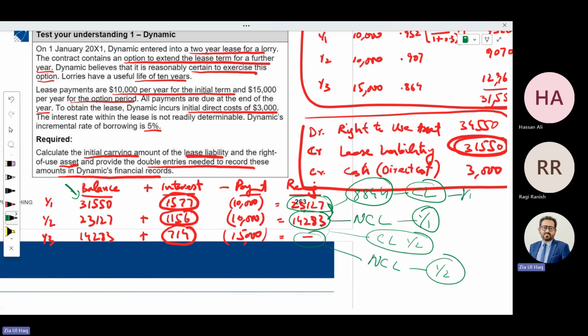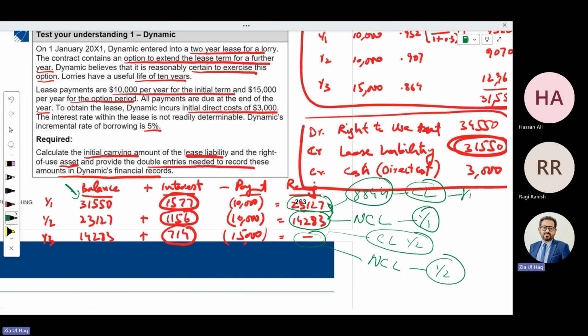And what you need to pay in more than 1 year will be recorded as non-current liability. To calculate the liability of year one, we need to make a calculation for year two liability as well. Because the year two liability total, including current and non-current, will be the non-current liability for year one. And the difference between year one year-end liability and year two year-end liability is called current liability.